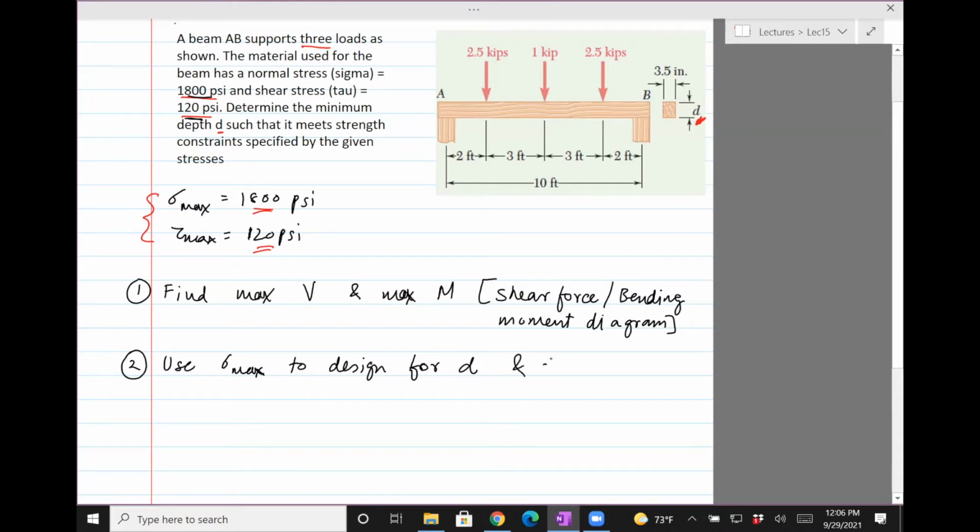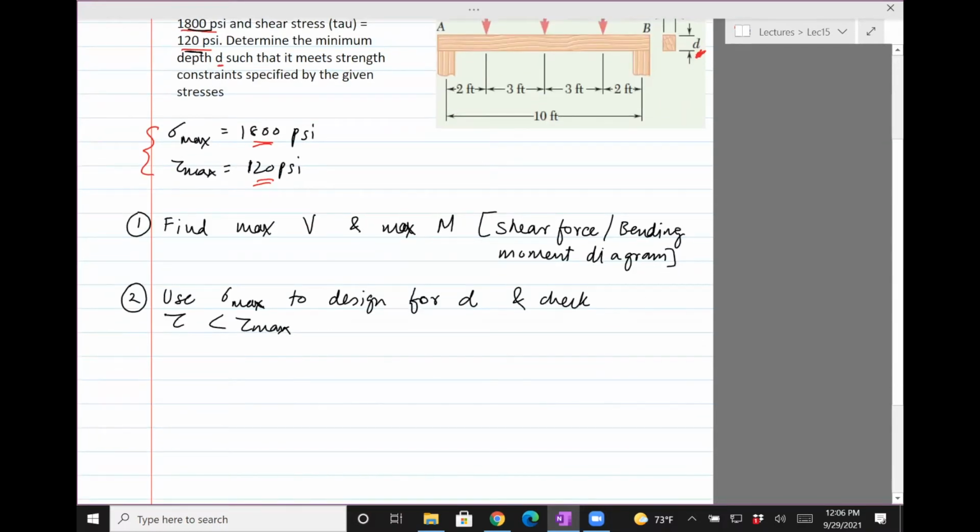And then check tau is less than tau max. Now one of two things can happen. One is it will fail this criteria, or it will meet this criteria.